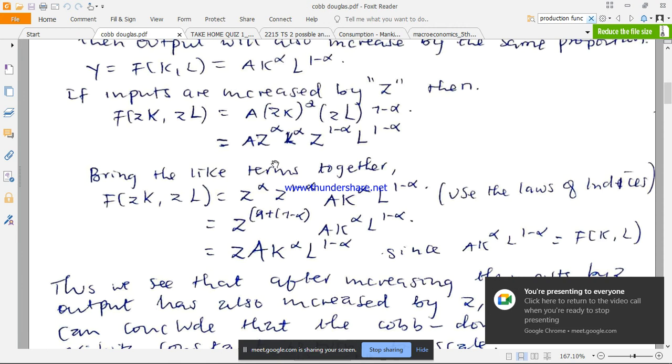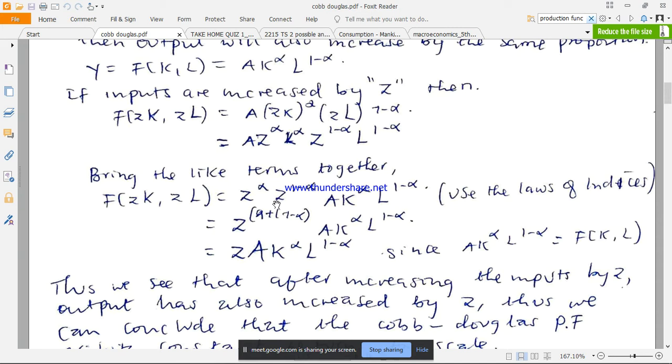Okay. So, what I'm saying is this now. You collect these guys together, and then you apply the laws of indices. The bases are the same, so it will be Z raised to alpha plus 1 less alpha. Now I was saying alpha plus negative alpha, it's just more like you're saying alpha minus alpha. And alpha minus alpha is 0. But you have got this one.